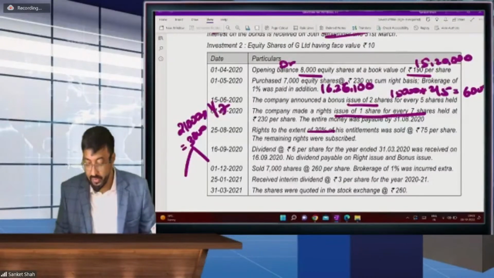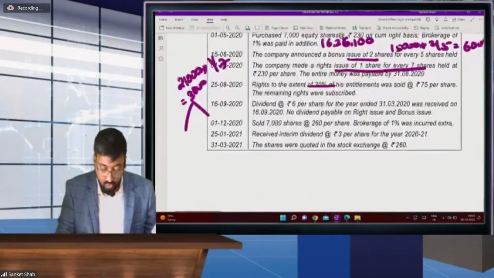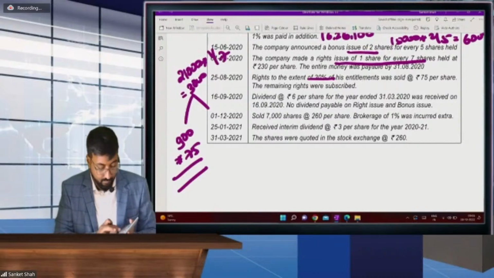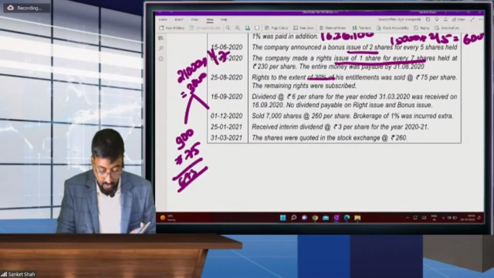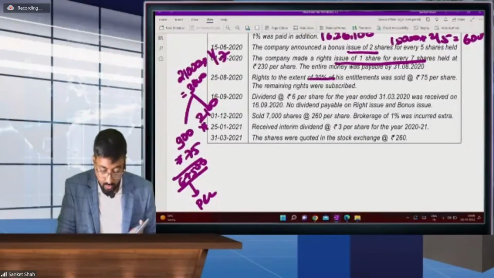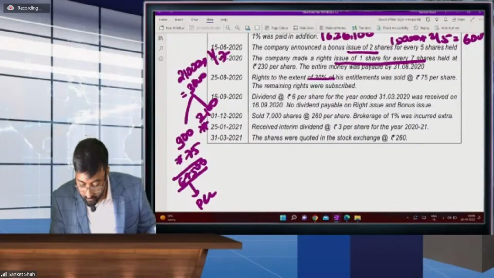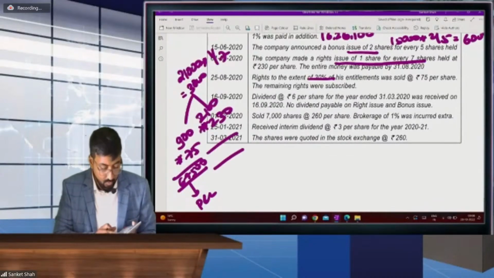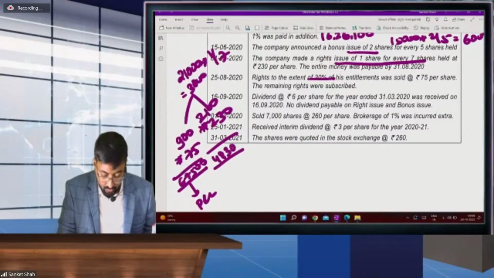30% of the right entitlement was sold. So 900 sold for 75, 67,500 to P&L, and remaining 2,100 we bought at 230. 2,100 into 230, 4,83,000.